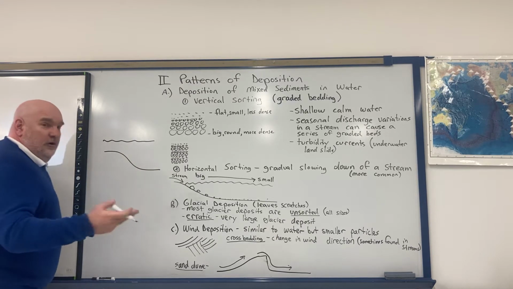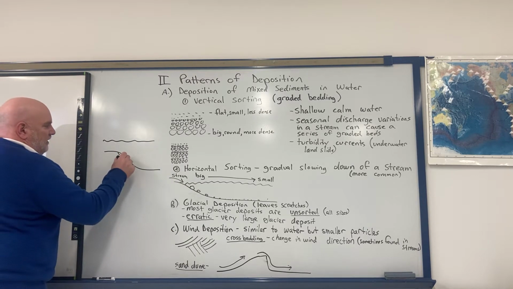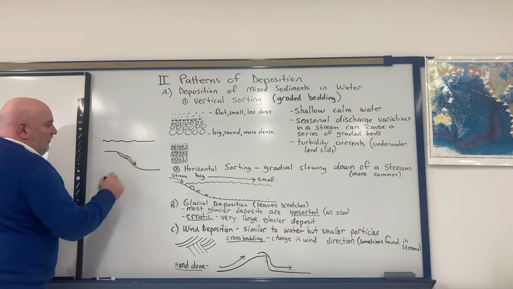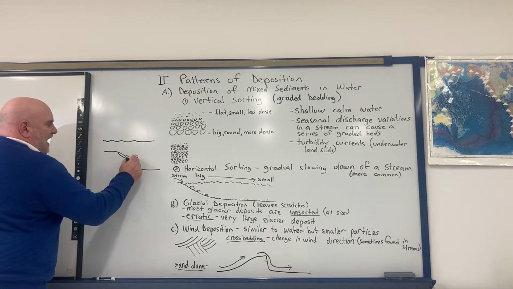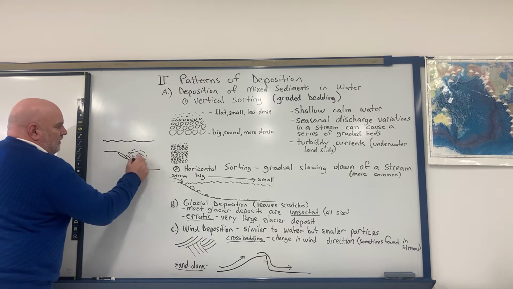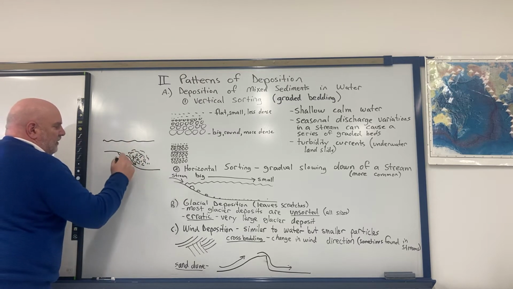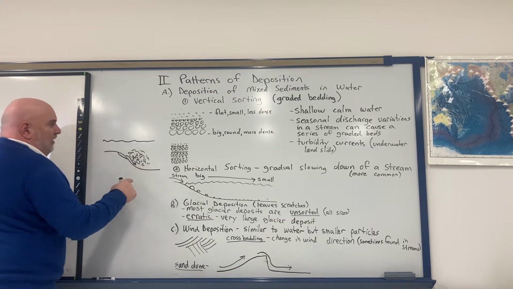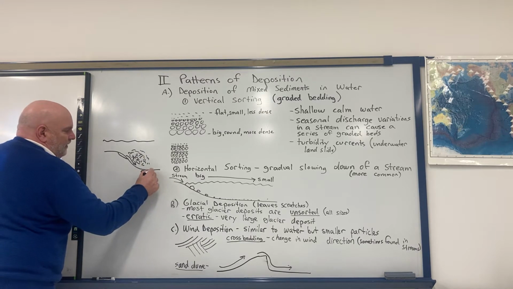And maybe there's an earthquake or something, and it triggered a bunch of this material right here to start sliding down the side of the underwater hill. What would happen is it'd kick up a whole bunch of particles, basically like a cloud of particles, a bunch of different size stuff mixed together. And when those particles settle, it's going to settle the biggest ones on the bottom and then the smaller ones on top.